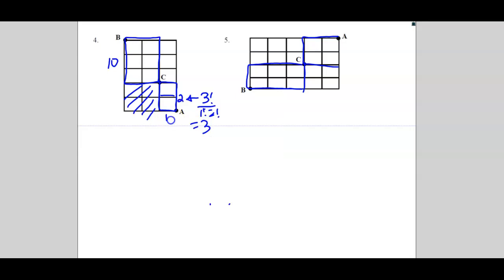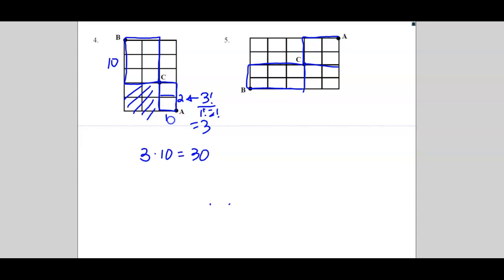So total is 3 factorial over 1 factorial, 2 factorial. So it's just 3. For each of those 3 routes, there's 10 routes here. So 3 times 10 is 30. Okay, you don't add them, you multiply them.